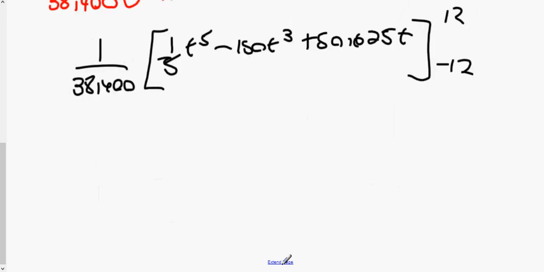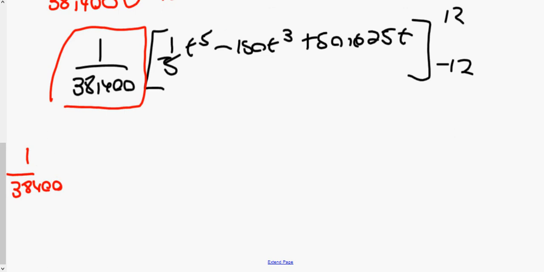Now, you're looking at a very long sum here, so I'm just going to keep the 1 over 38,400 to the end. It's going to be multiplied by whatever is in this green bracket.